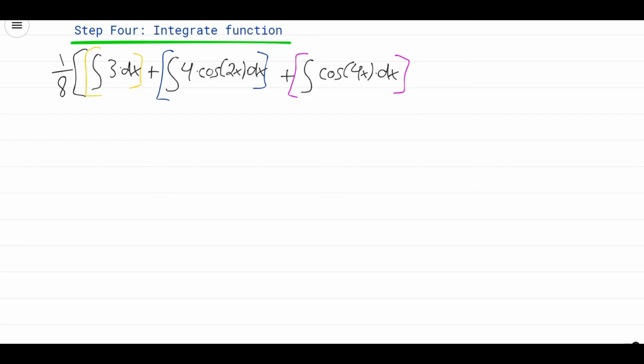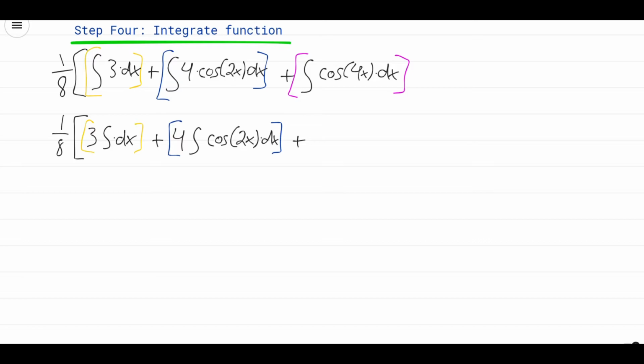So now I'm going to integrate each term respectively. So in the yellow brackets, the integral of 3 dx is 3. I'm going to factor out the constants, and 4 times cosine of 2x dx in the blue brackets, and in the pink brackets there is no constant to factor out, so I can just leave it as cosine of 4x times dx.